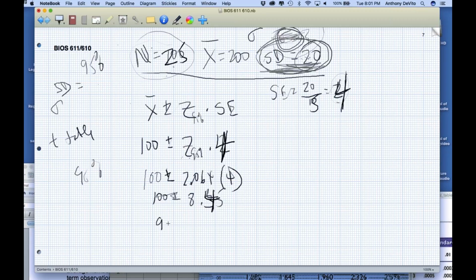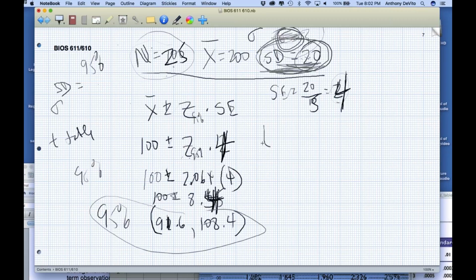So this is going to be 91.6 and 108.4, if I round it roughly. So that's my 95% confidence interval. The reason we did this is because we used the t-score. And why did we use the t-score? We used the t-score because it was a small sample size, and we did not know the population standard deviation.